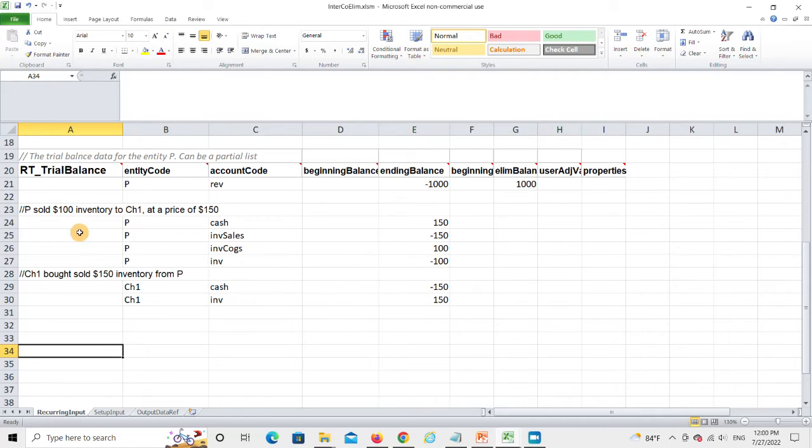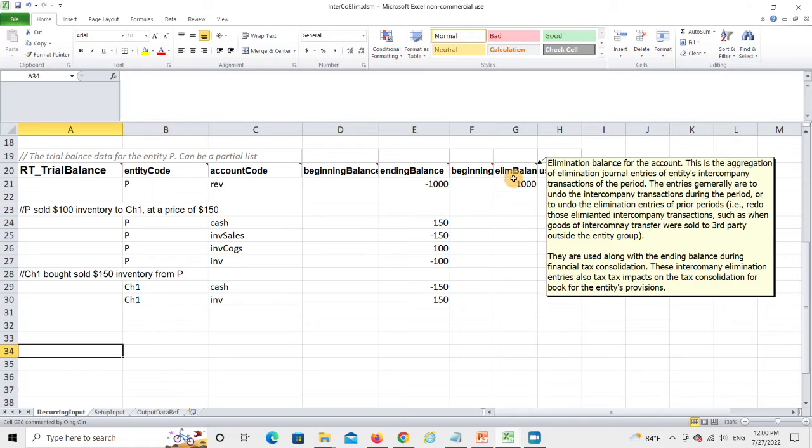Now, because it's within the same entity group, this transaction needs to be reversed for consolidation purposes. So the elimination entry for this transaction is to reverse what happened during the period.